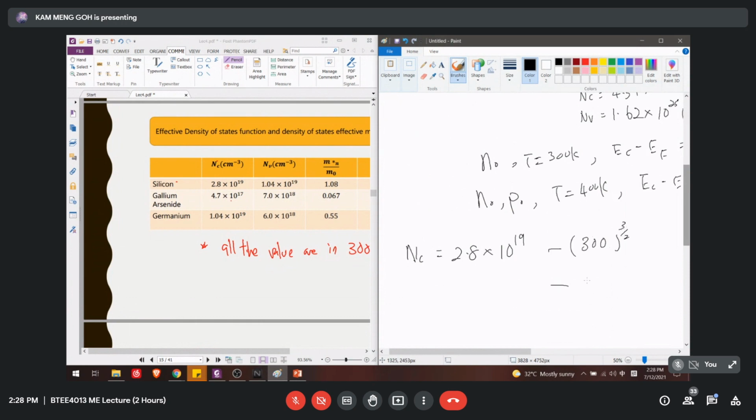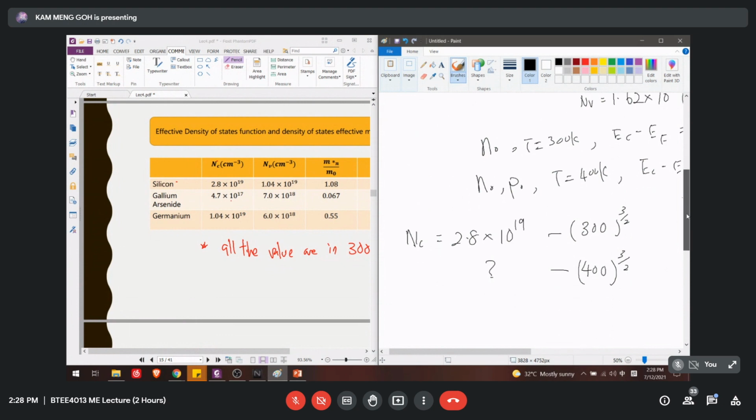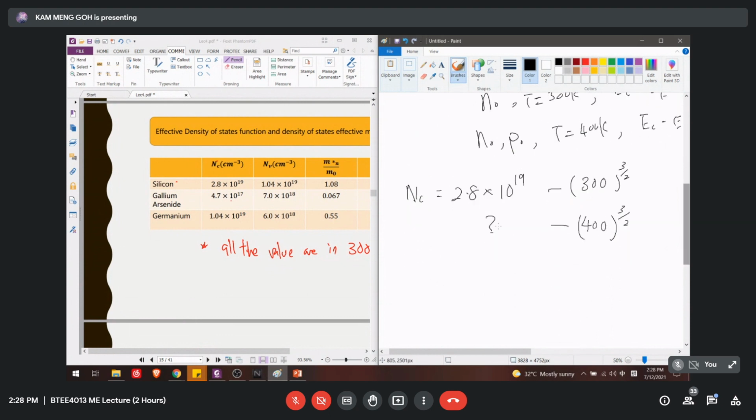But what if the temperature changes to 400K? Okay, what is the value? So to make you calculate it faster, you don't have to use the formula every time. You can use this relationship to help you to calculate this. So let's see, if you want to calculate the NC at 400K, one way to calculate is this one multiplied by this one divided by this one.